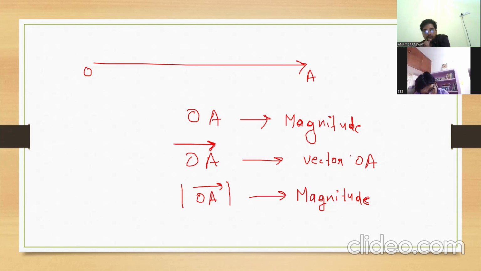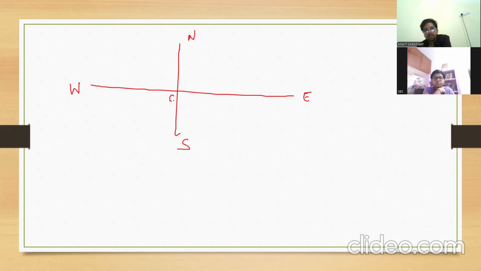Now, I think you are familiar with directions. There are mainly 4 directions: north, south, east, west. And this is the origin.